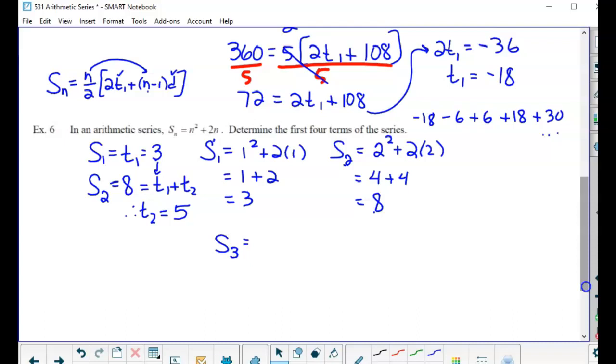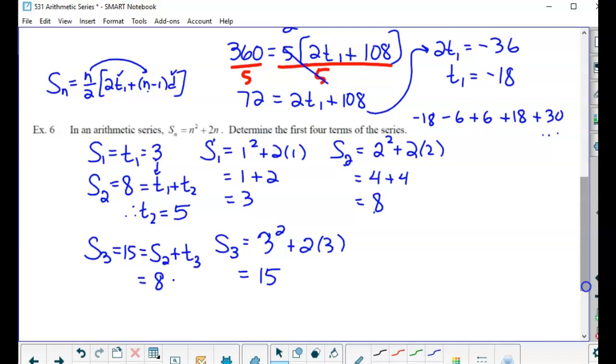But let's check it out. S3 is 3 squared plus 2 times 3. 9 plus 6 is 15. So S3 is 15. That's equal to S2 plus the third term.